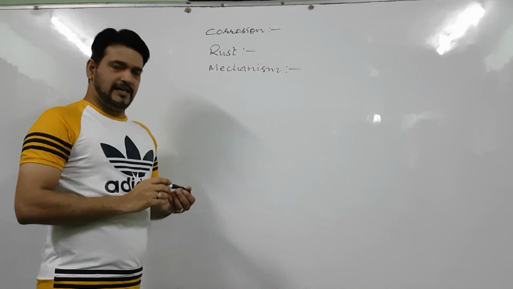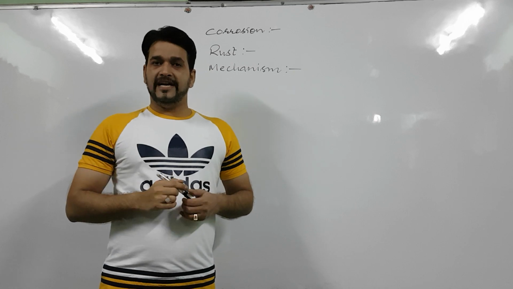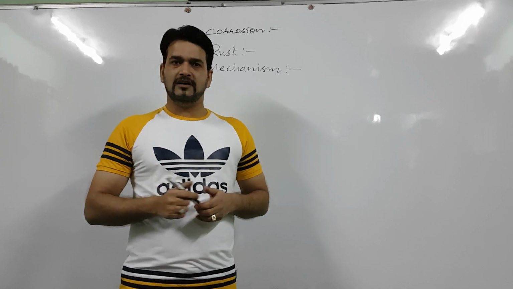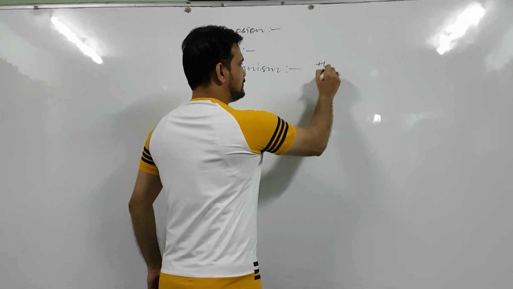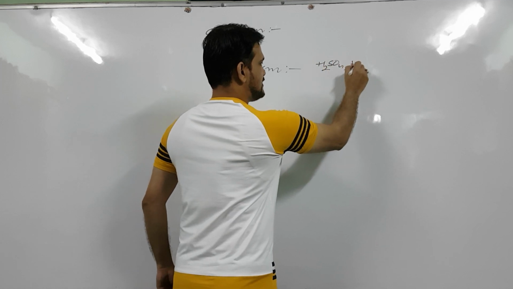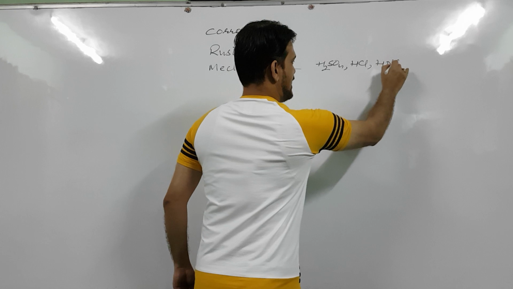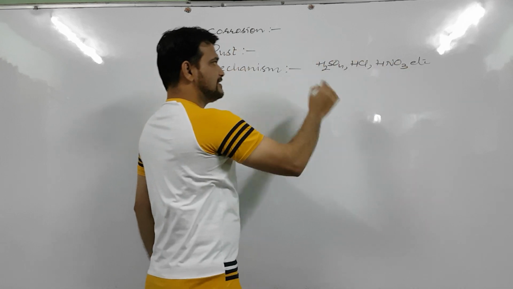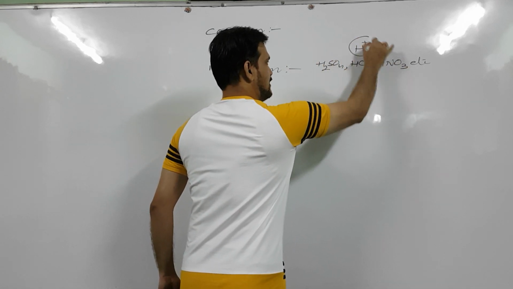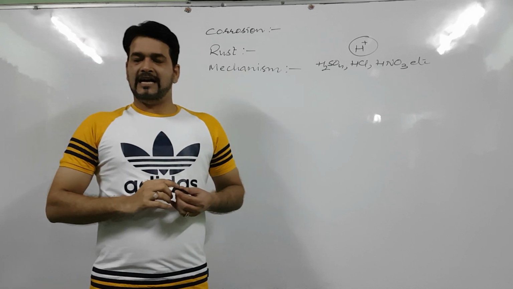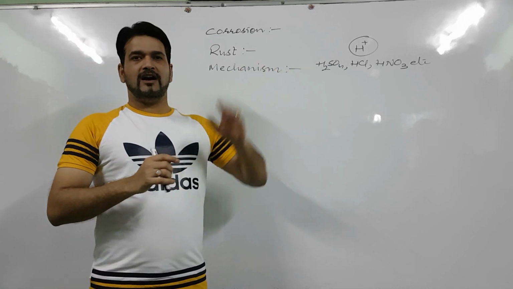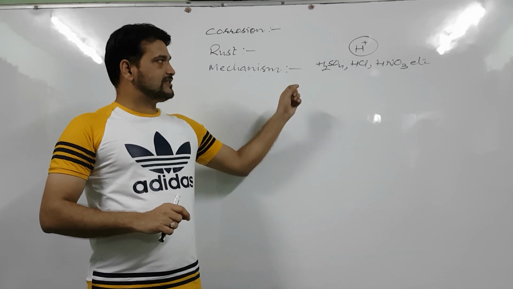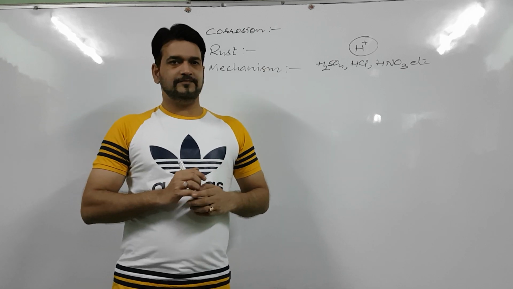As I have explained, during the rainy days, there are so many acids present in water like H2SO4, HCl, HNO3, etc. And all these acids give H positive ions, and hence in rainwater H positive ions are present, and H positive ions are the ions responsible for the rusting of iron.